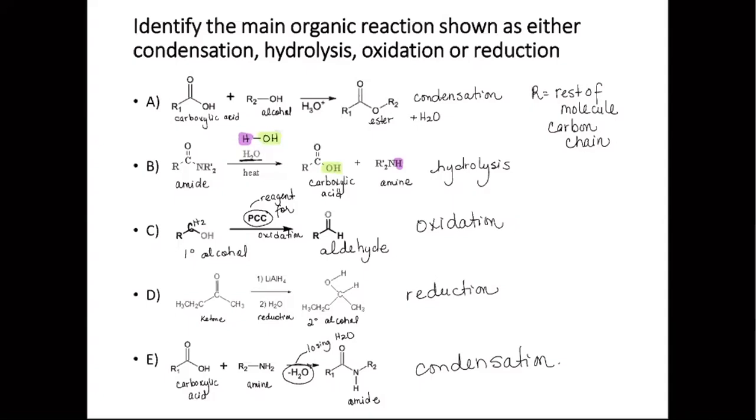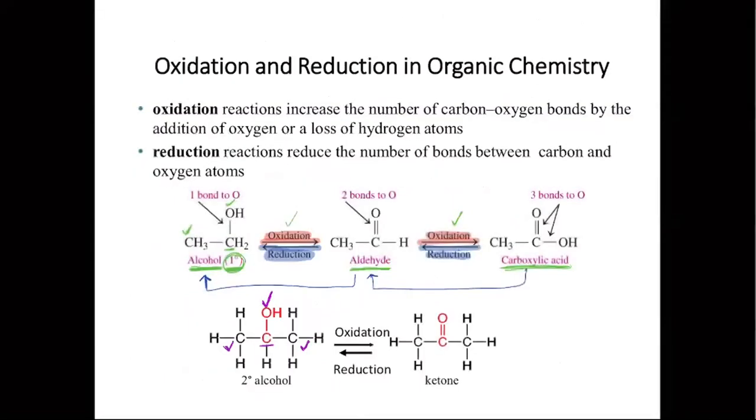Hydrolysis is when I start with a functional group and I split it into multiple functional groups, like in example B. Oxidation and reduction, remember that those reactions specifically have to do with slide 15.